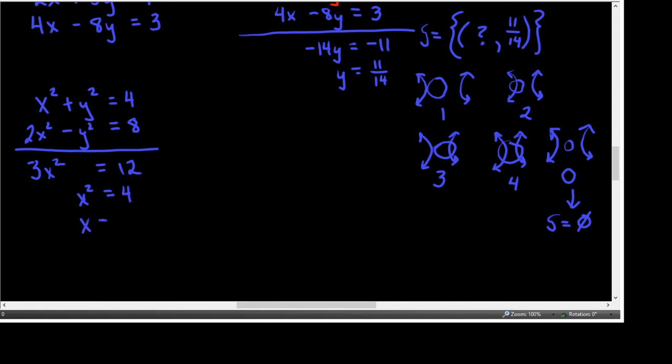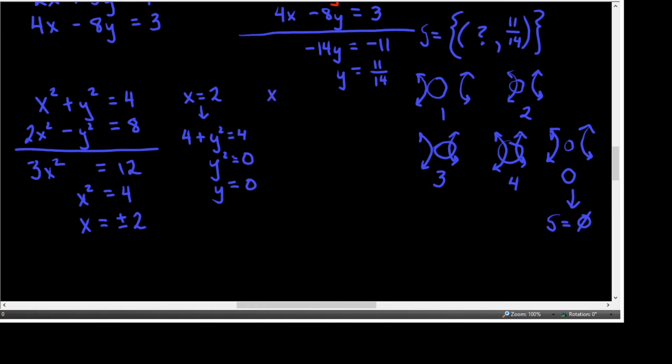You'll miss half of the answers if you don't remember that when you take the square root of both sides, you need to put in a plus or minus. Okay. So to find out what y will be, start with one of the two x values that's allowed. Let's start with 2. Using the top equation, 2 squared is 4, plus y squared is 4. So y squared is 0, so y is 0.